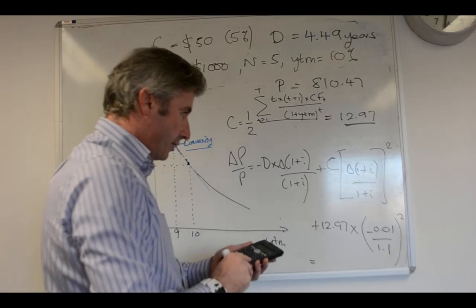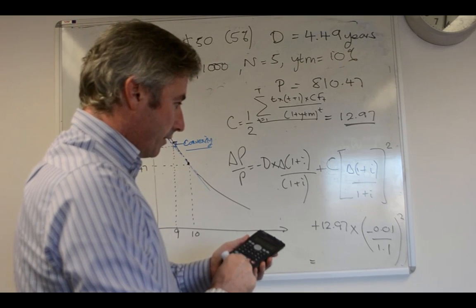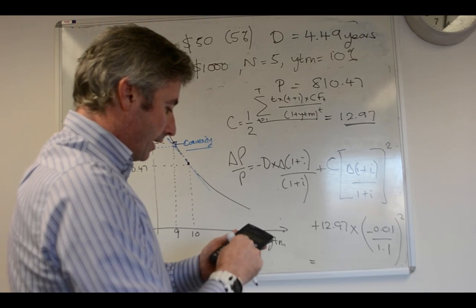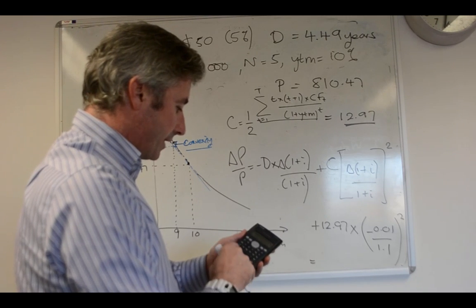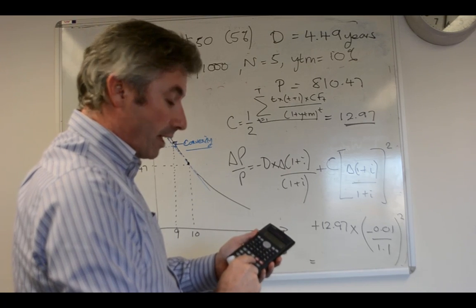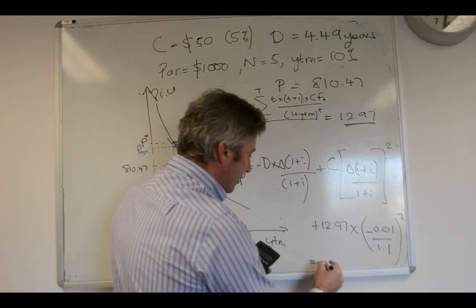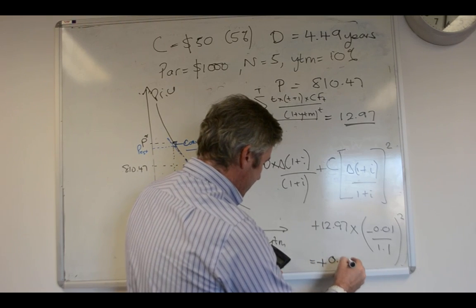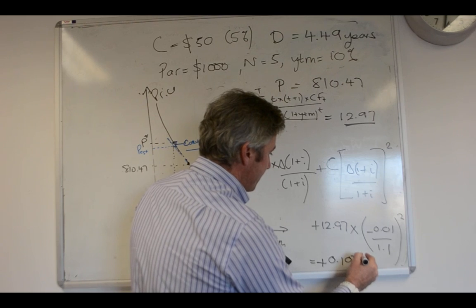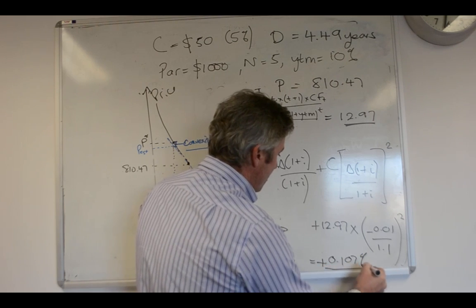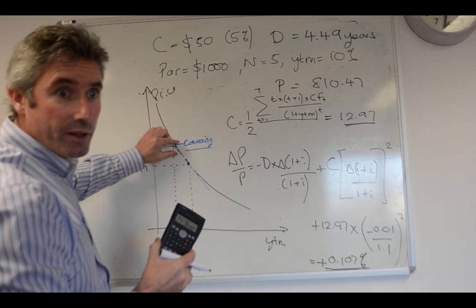So if I take that term there, minus 0.01 divided by 1.1, if I square that, and then I multiply that by 12.97, I get quite a small answer. If I just multiply it by 100, we'll see the adjustment. It's an additional 0.107%. So just a small correction that's going to increase the accuracy of this calculation.